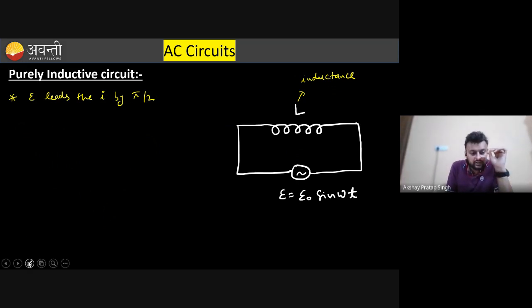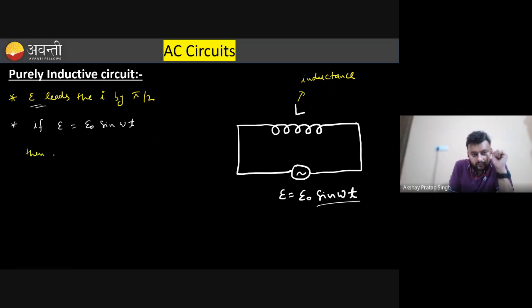Now, after knowing the concept or the punchline, you can write second punchline. If according to the diagram, EMF is given as sine omega t, E is equal to E naught sine omega t, and EMF is leading. Can anyone write the equation of current here? What will be the equation of current?